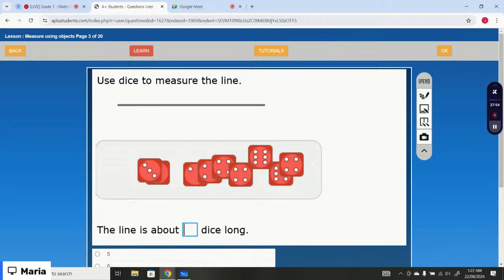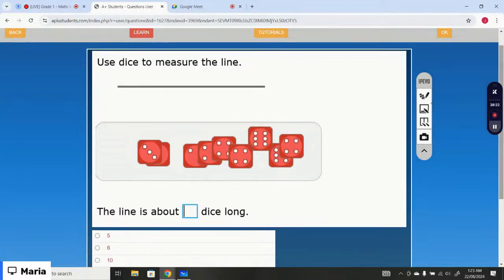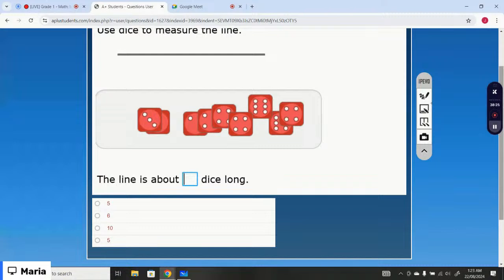Use dice to measure the line. Which is the correct option? I think the line is about 6 dice long. The correct option is 6.